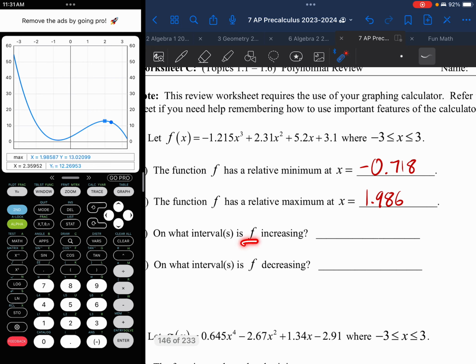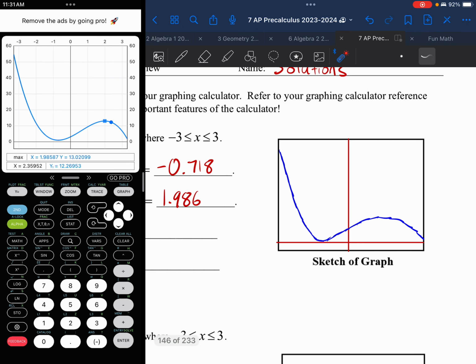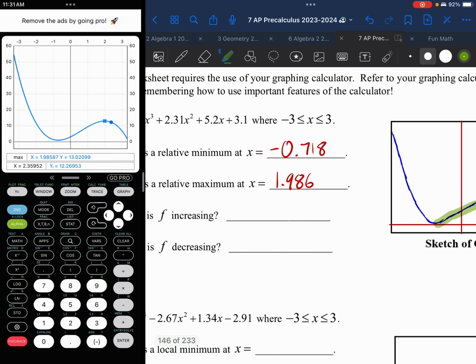It's asking, okay, where am I increasing? And you can see over here, if I highlight, I'm increasing from here to here. So between these two x coordinates, really. So I can say I'm increasing between negative 0.718 all the way to 1.986. And where am I decreasing?